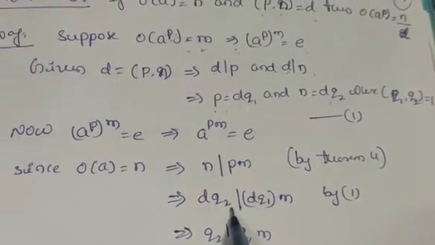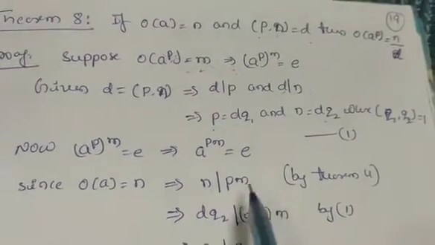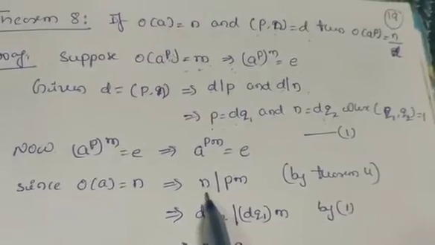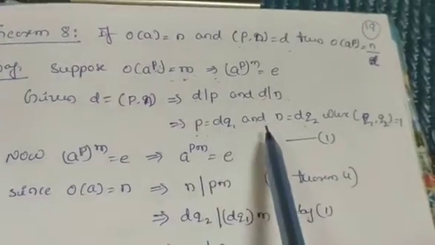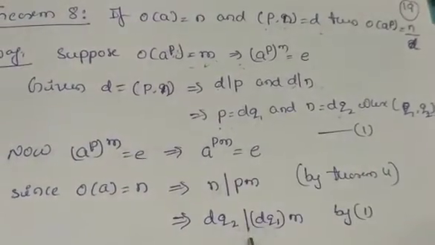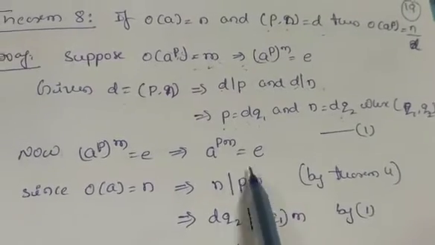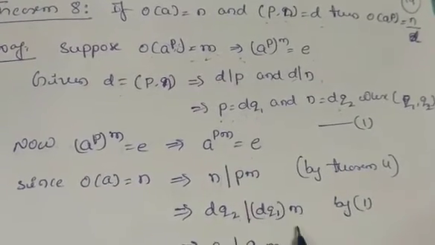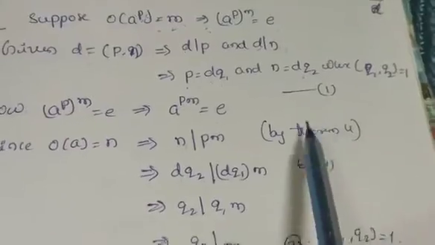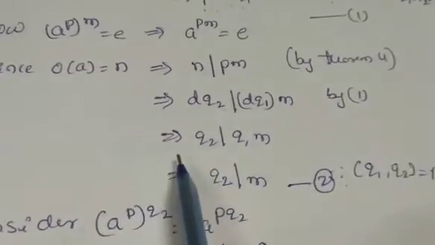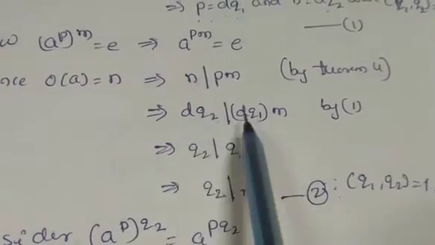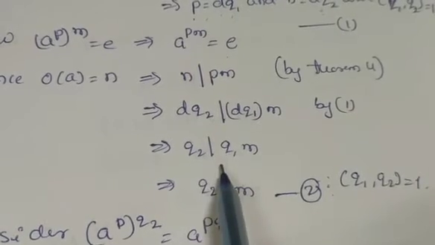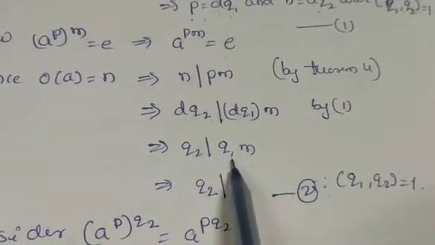So this implies d into q2. So here n is equals to what we have here, we have this n. So n is equals to d into q2, which divides p, that is d into q1, into m. This is from equation number 1. So here both d get cancelled, it is q2 divides q1 into m.